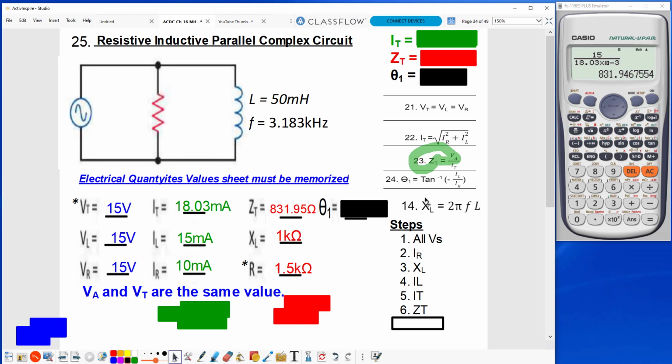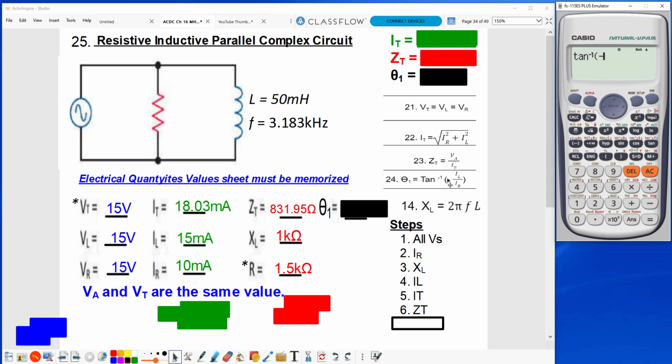So we look at the formula sheet here. Theta 1 is equal to, we have to do inverse tangent. So our first step is to hit the shift button, then we hit tangent. Make sure you hit the shift button first before you hit tangent. And that goes for theta Z and theta 1. All right, formula says you got to put a negative symbol. It's right there.